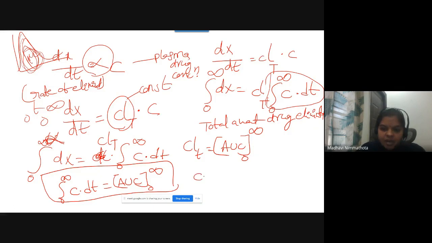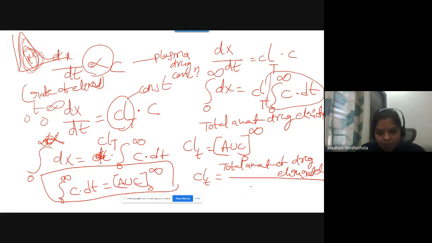So CLT has one formula: CLT is equal to the total amount of drug eliminated divided by AUC 0 to infinity.